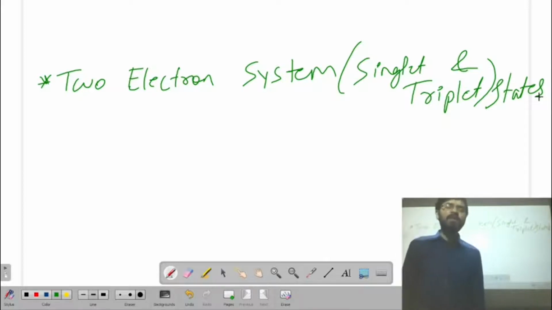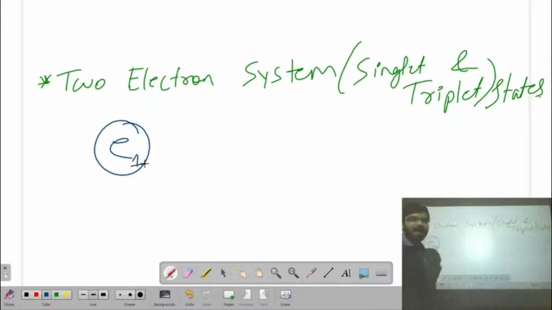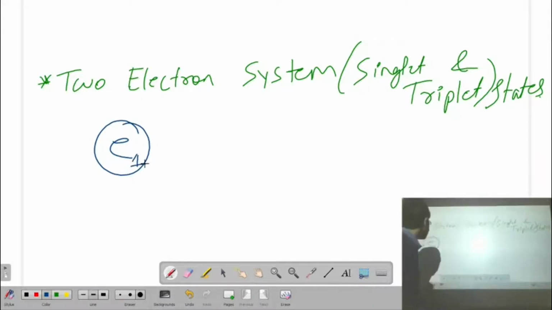Now, we know that if we have a single electron, let us say electron 1, then this electron can rotate on its axis either in this direction or in this direction, right?